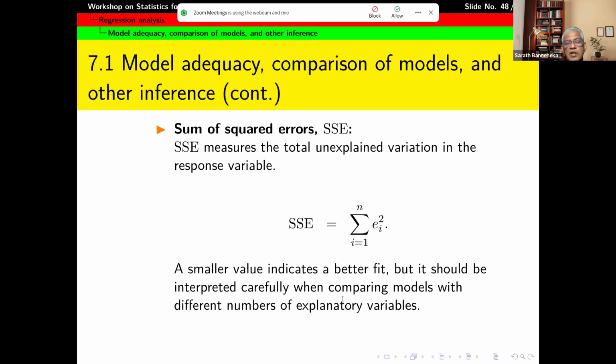But it should be interpreted carefully when comparing models with different numbers of explanatory variables.